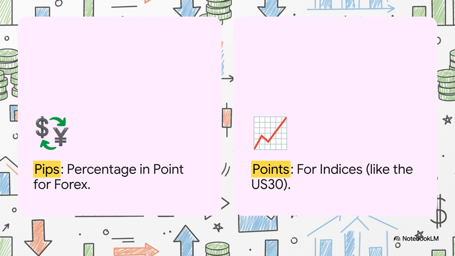But on the flip side, when you're looking at indices like the US 30, you're going to encounter points. So if somebody asks you how much the US 30 moved today, you definitely wouldn't say it moved 50 pips. No way. You'd say it moved 50 points. Getting a handle on which dialect to use for which market is really your very first step in sounding and acting like a fluent trader.